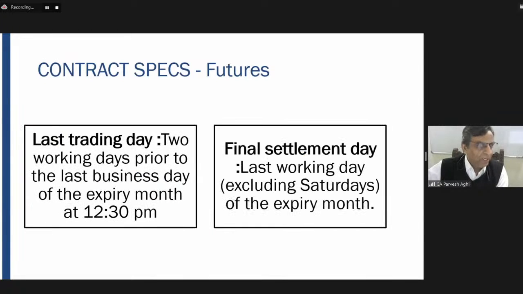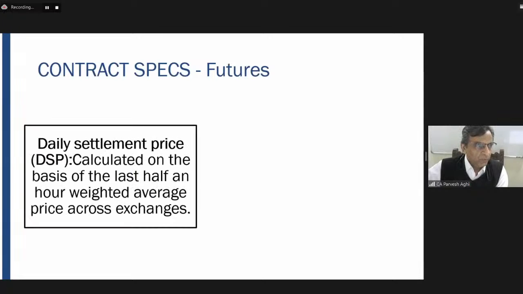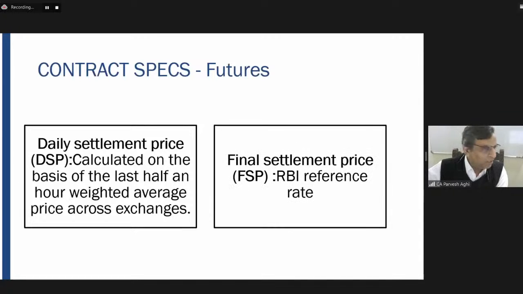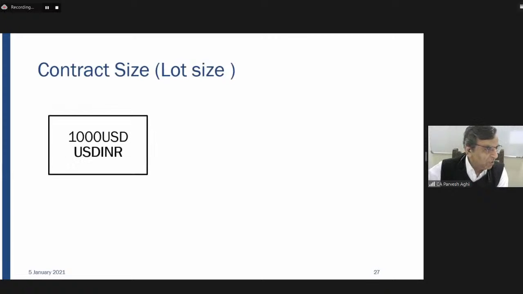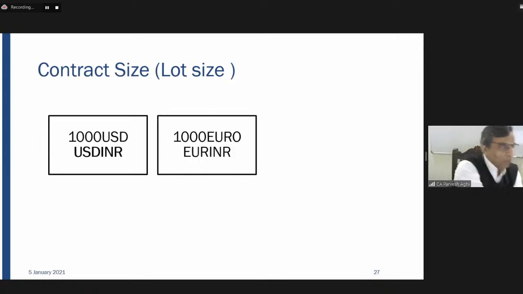Okay, final settlement happens. The daily settlement price is calculated using the weighted average price across the exchanges. The final settlement price is always the RBI reference rate. Contract size is 1,000 US dollars for the USD INR pair, and 1,000 euros for the Euro INR pair.